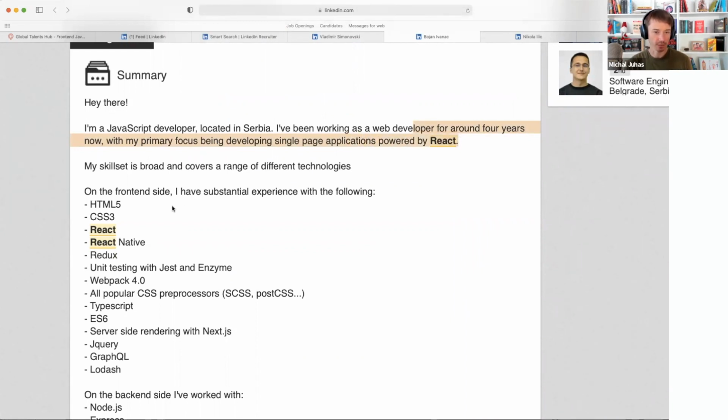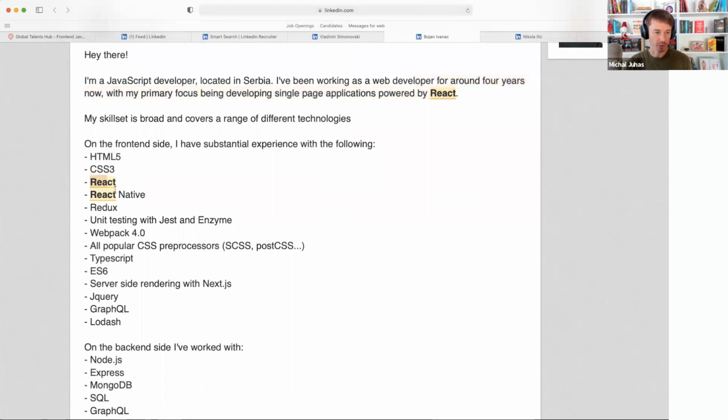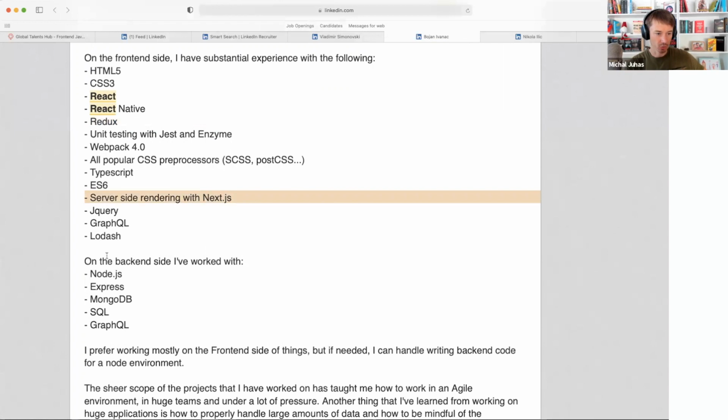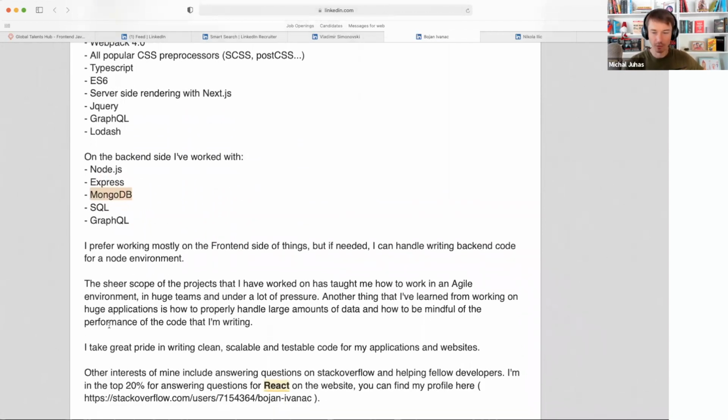That's great. He has experience with React, React Native, Redux. Great. That's pretty much the technical stack that this client also uses. Together with Next.js, cool. Node.js on the backend, great. Also MongoDB. So it's pretty much the same technical stack. 4 years of experience. So far, this looks like the best fit.